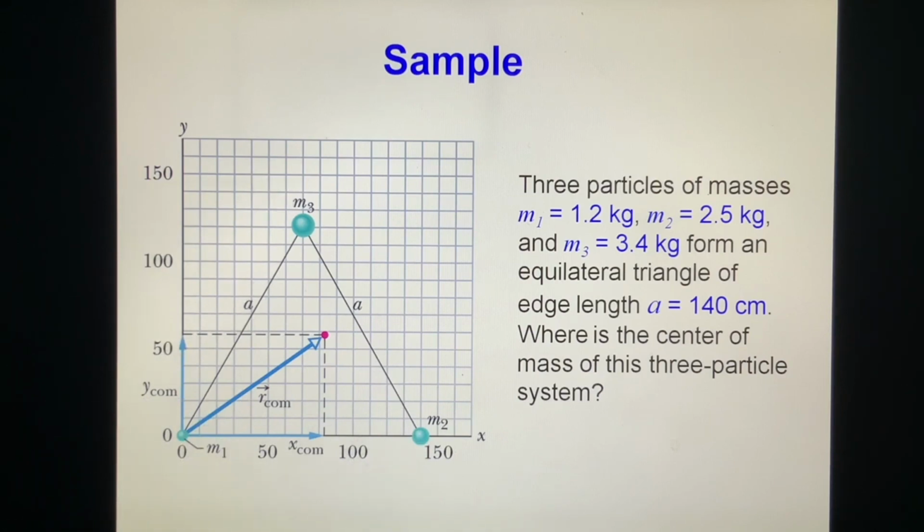Where is the center of mass of this three-particle system?